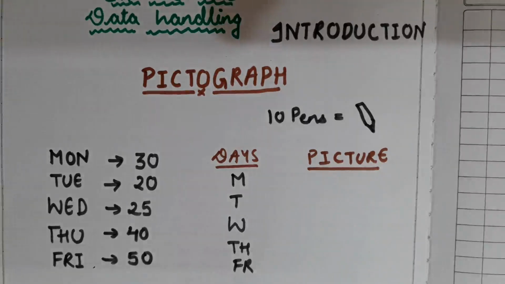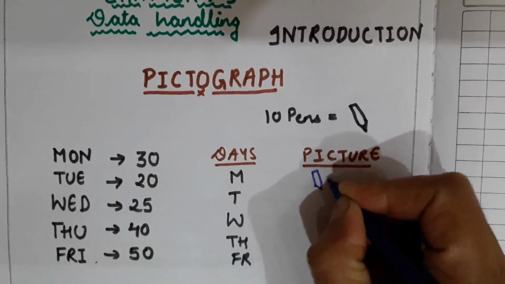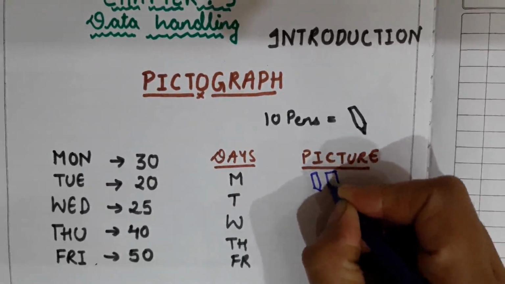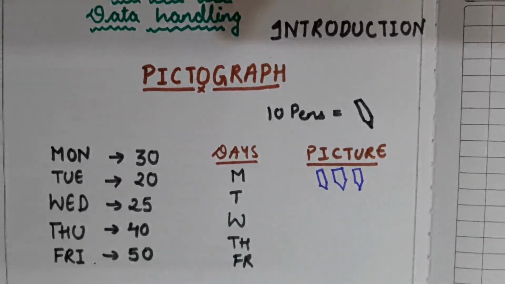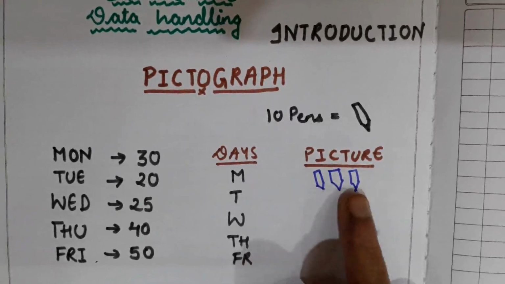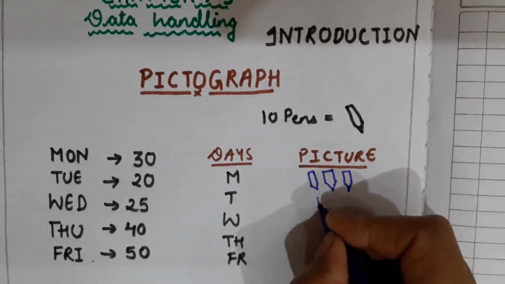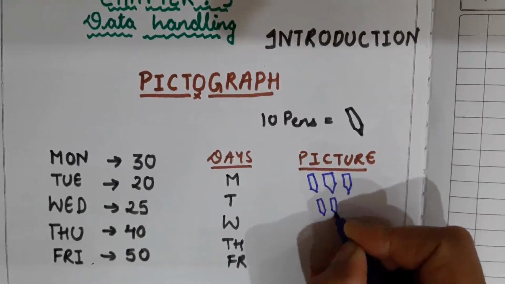Monday, total number of pens is 30, so you can draw 30 pens like this. It means this is your 30 pens, because one pen here represents 10 pens. 10, 20, 30.